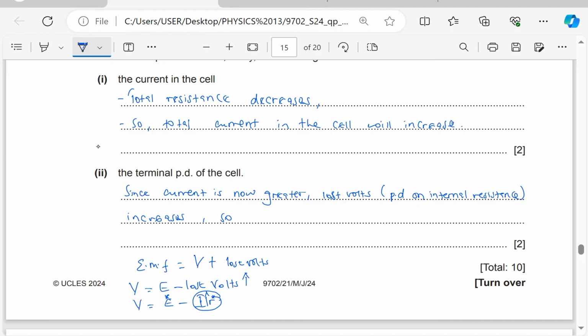So the terminal PD decreases. So the terminal PD will decrease, as simple as that.